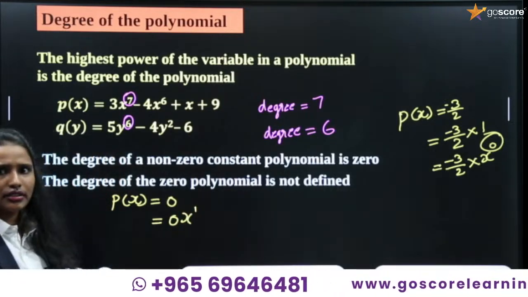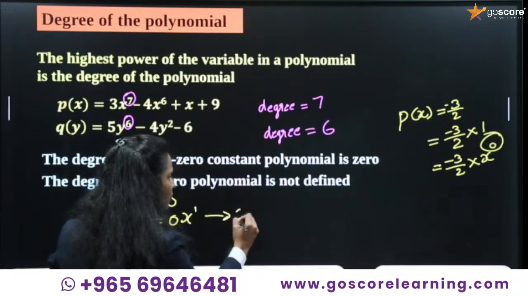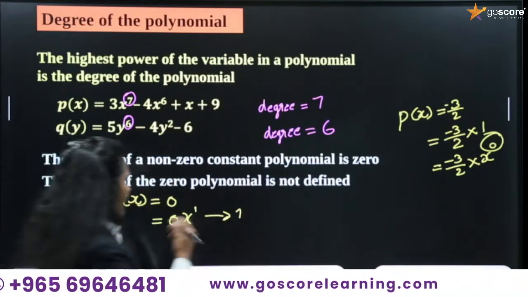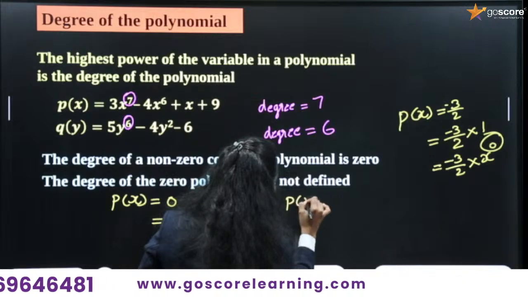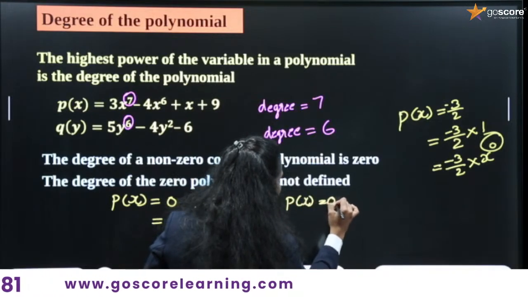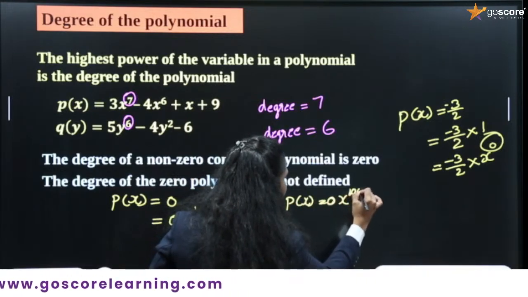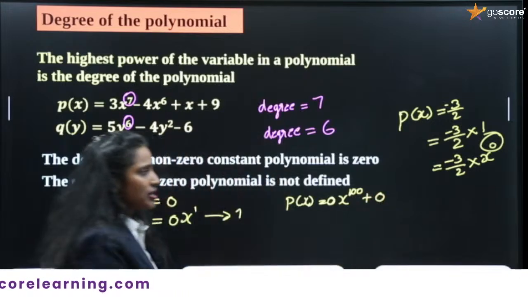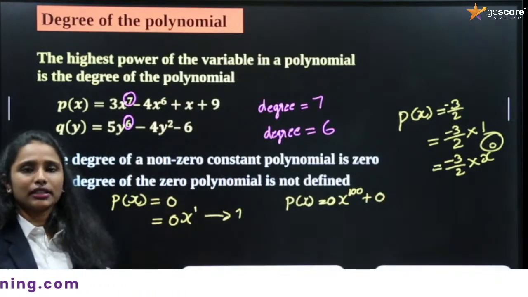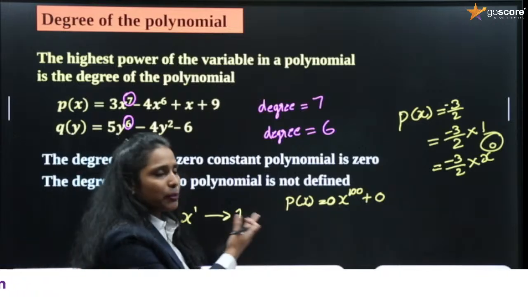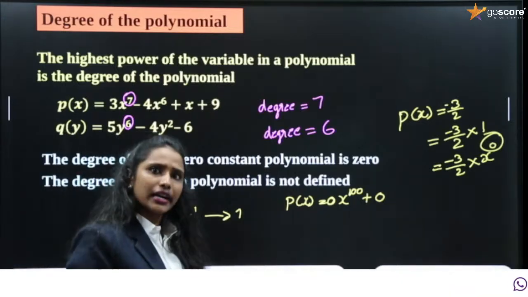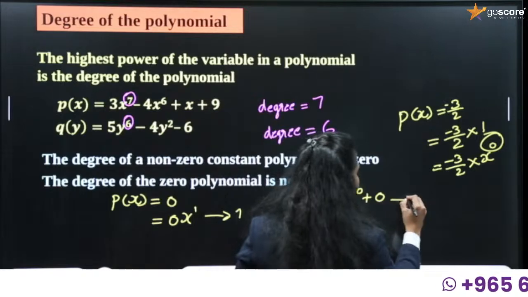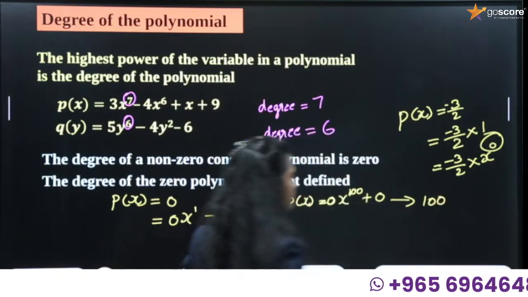So here the degree is 1. And I can write it as 0 x raised to 100 plus 0. It is again a 0 polynomial, and the highest power is 100. Then its degree will be 100.